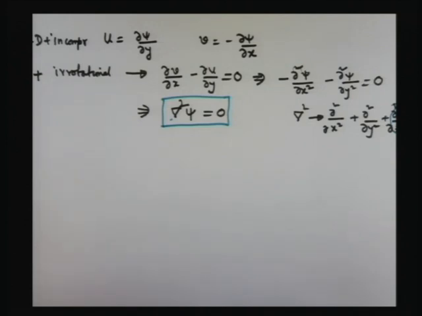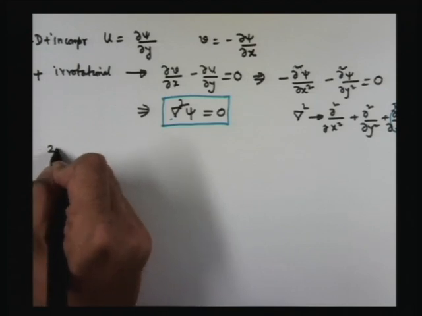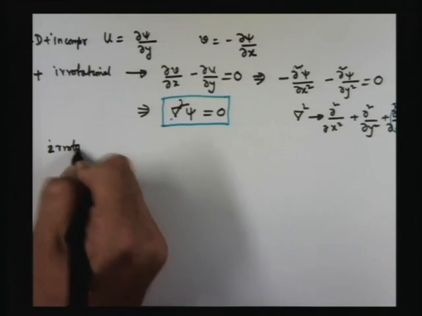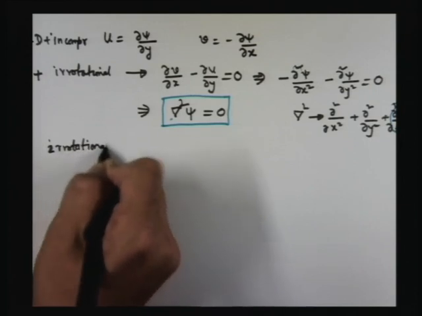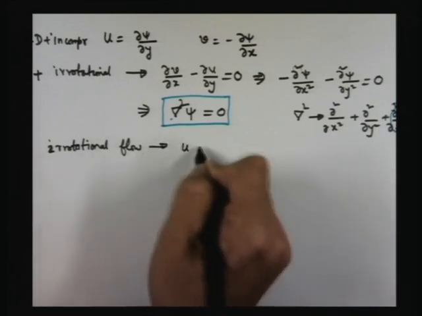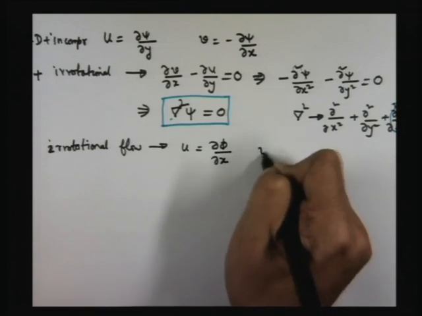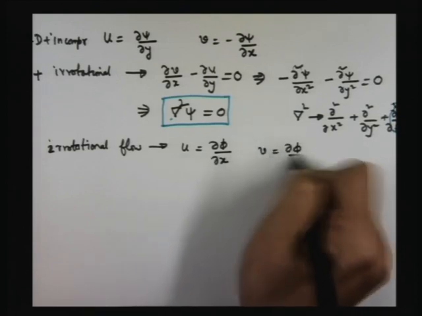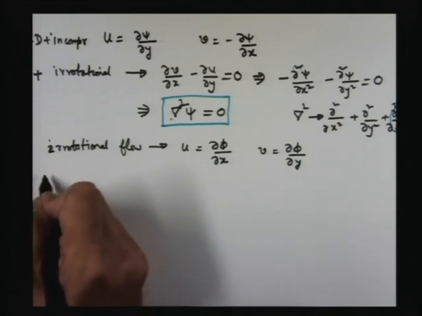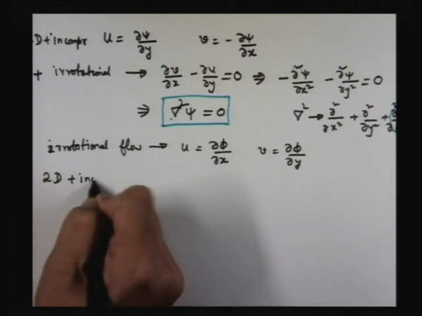Now let us come to the definition of phi. Irrotational flow: u is equal to del phi del x, v is equal to del phi del y. On top of that, we impose the condition for 2D and incompressible flow.